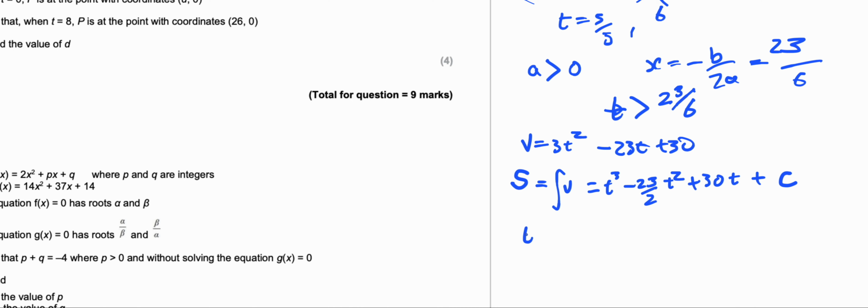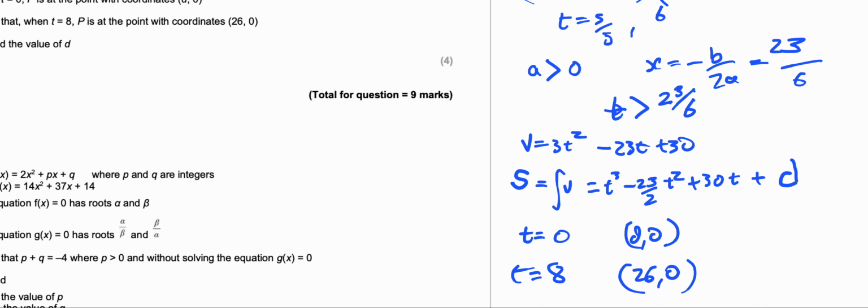So when t is 0, our point is at d, 0. And when t equals 8, our point is at 26, 0. That means we're at the beginning, we're at point D. So if we put t equals 0 in here, s equals c.